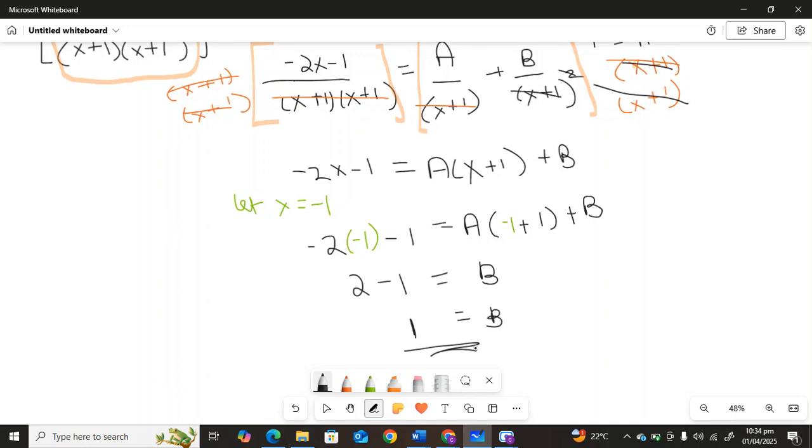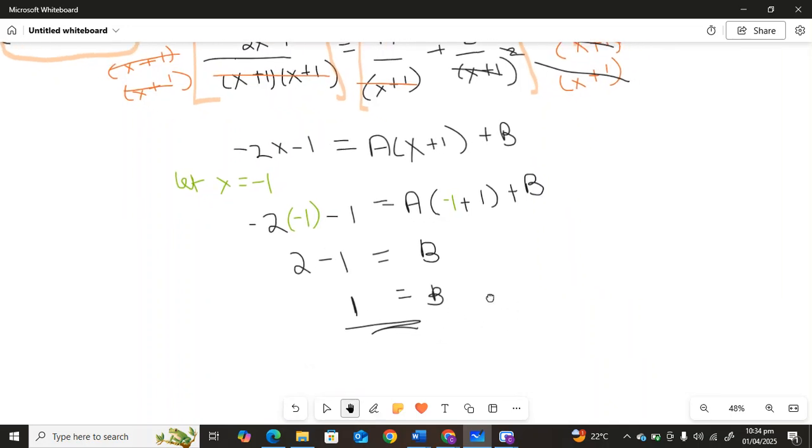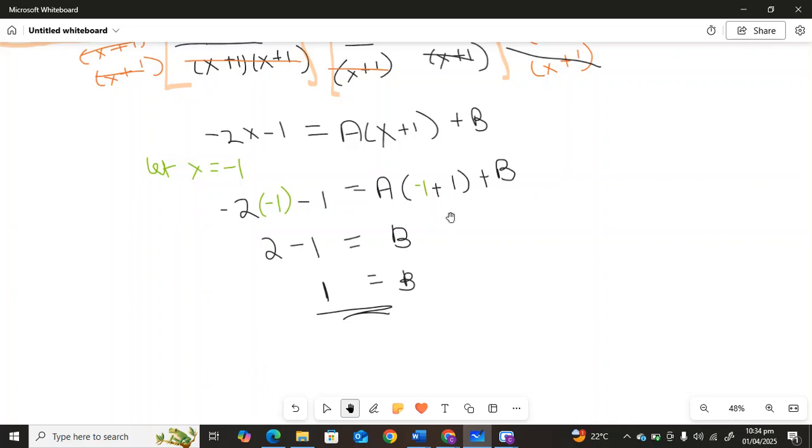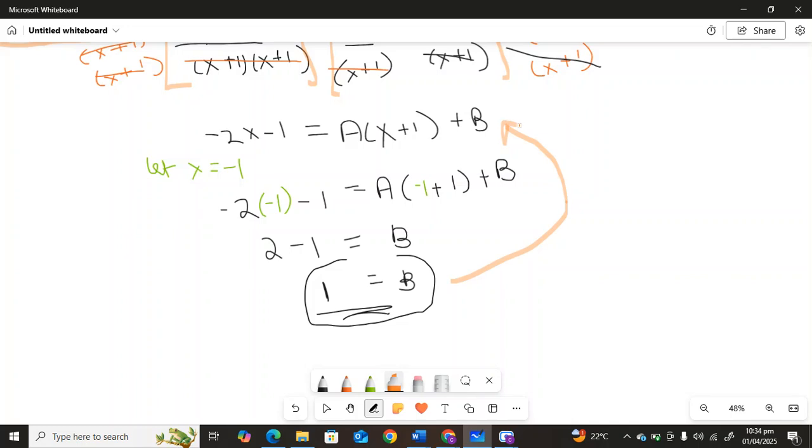Any questions? Okay. So when we go back to our original expression, as I said, there is no way of getting rid of b so that you remain with an a. So here in this case, you substitute b equals 1 back to this original expression, okay, so that we can get the value of a.